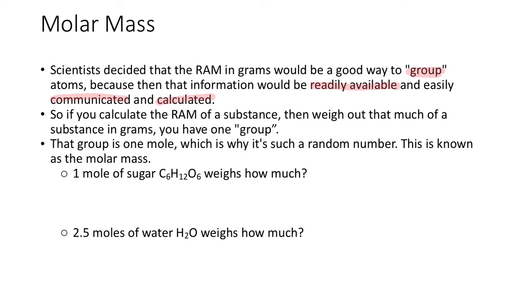So if you can calculate the RAM of a substance, then weigh out that much of the substance in grams, you have one group. We're just saying, let's take that RAM value, everyone can work it out, so that's going to be one group of stuff. That group is 1 mole, that's why it's such a random number. It's known as the molar mass, the mass of its RAM.